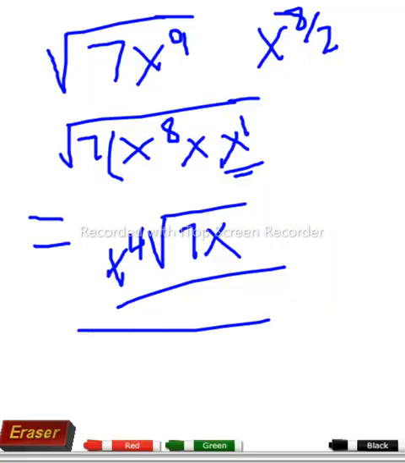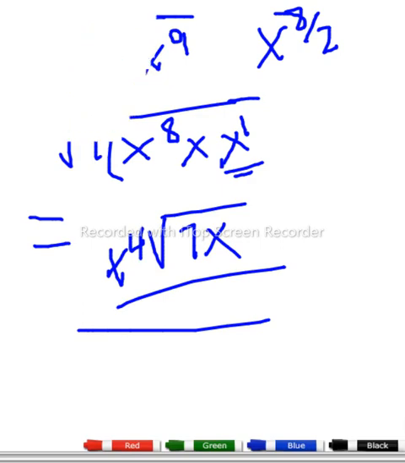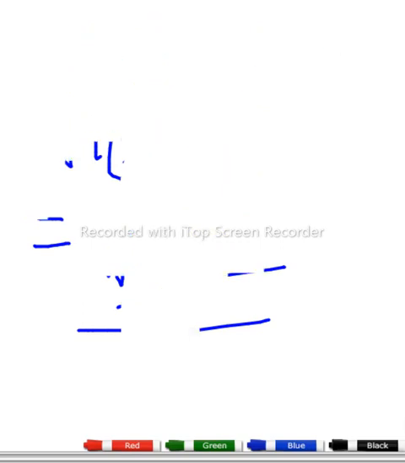We are given 8 square root of 250. Here we have 250. 250 means we can write this equation in square root form.